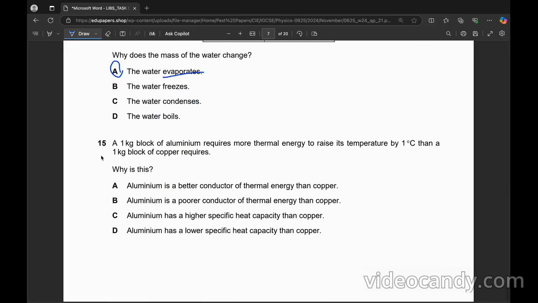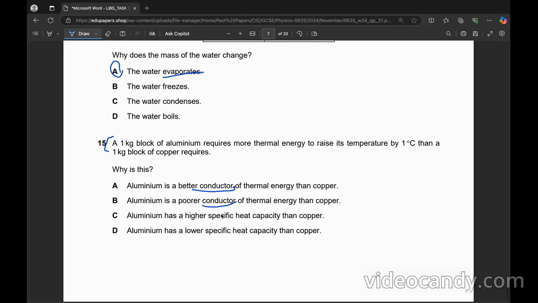So number 15. A 1 kilogram block of aluminum requires more thermal energy to raise its temperature by 1 degree Celsius than a 1 kilogram block of copper requires. When you just look at this, you should really see the definition of specific heat capacity. So this has not really anything to do with being a poor or good conductor, so we can eliminate that.